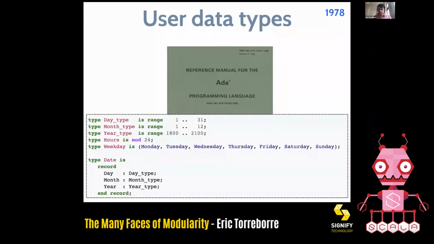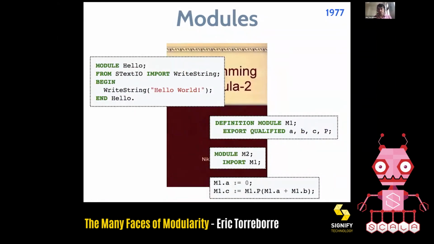Coming back. Yes, Modula was the first to introduce the dot notation, for example, where you could say m1.p to access a given member of a given module. They even introduced this idea of having a module interface, where you would just declare a bunch of properties or members that are available in a given module without necessarily exposing their implementation.